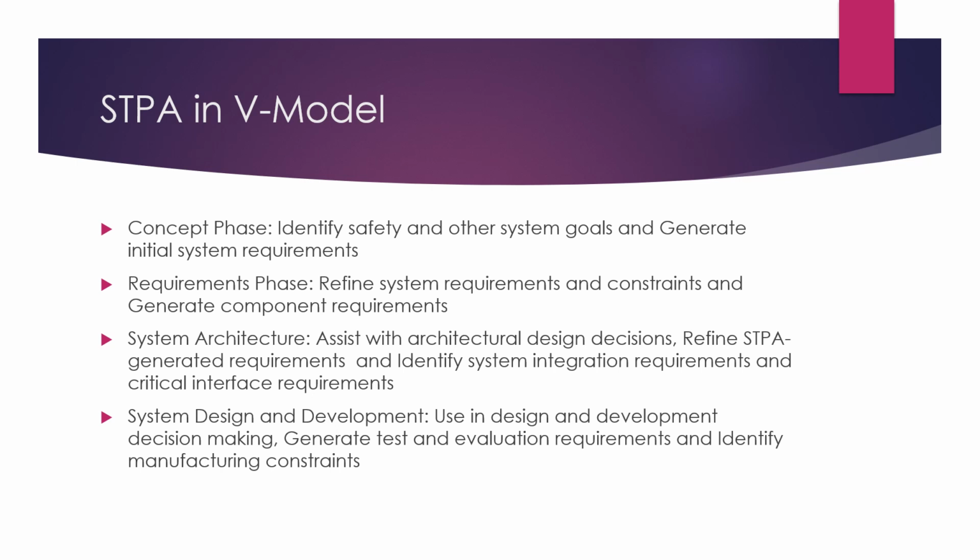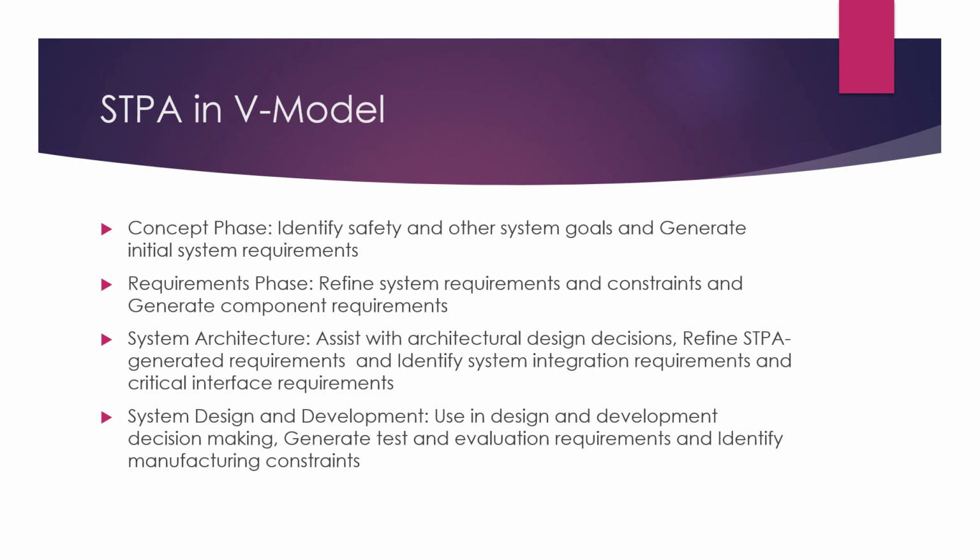With all these things, with STPA we can improve the system architecture, system design and development, use it in design and development decision making, generate test and evaluation requirements, and also identify manufacturing constraints when we use STPA in system design and development.